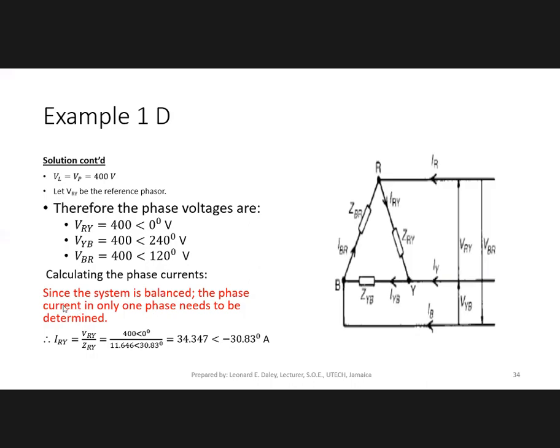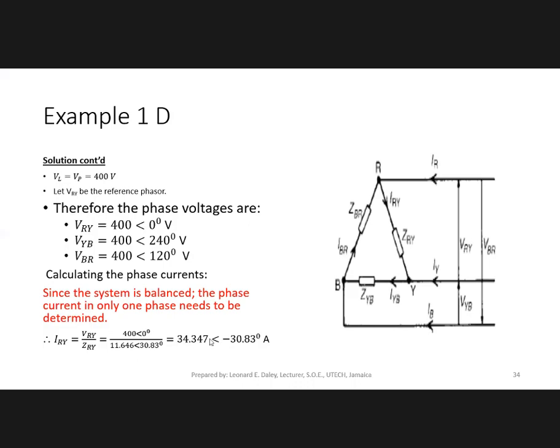That's why I said earlier, it depends on how the question is asked. All right. So we find the current for one phase, IRY. IRY will be VRY divided by ZRY. So it's 400 at angle 0 divided by 11.646 at angle 30.83.